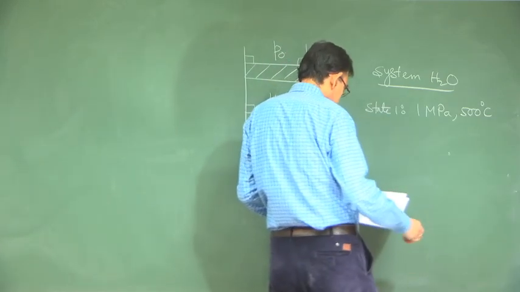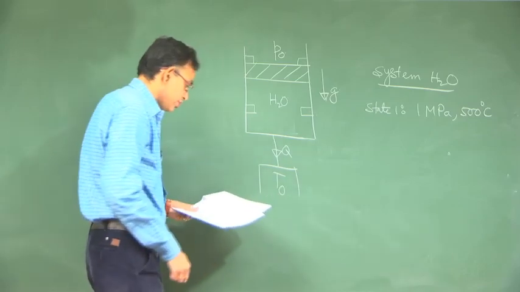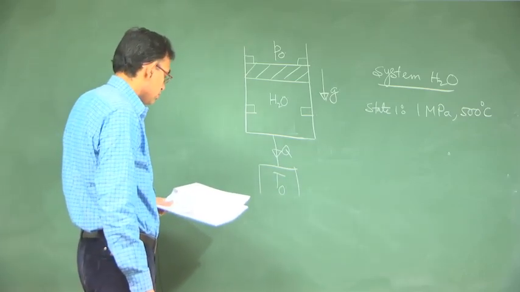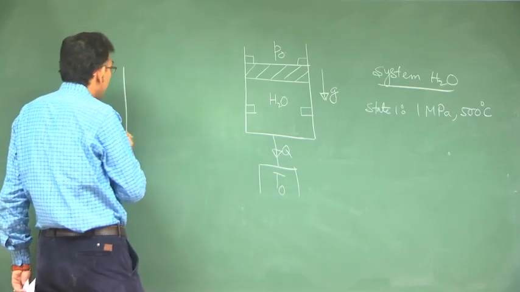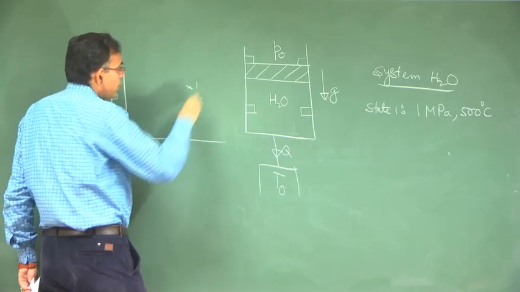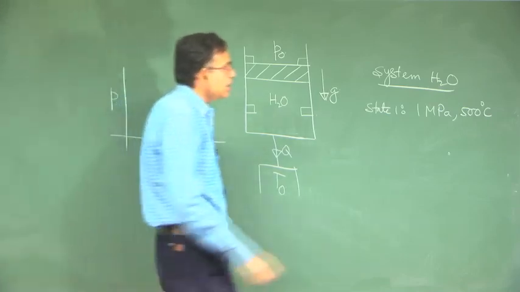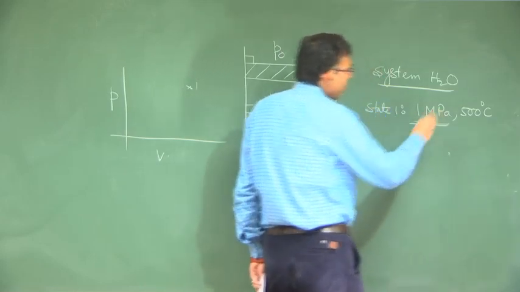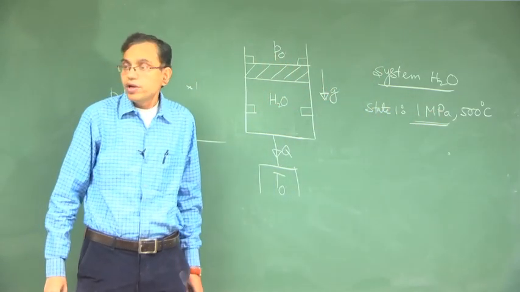So, it says that the setup cools to 100 degree centigrade. So, let us try to draw a PV diagram. It starts with state 1. At state 1 the pressure is 1 megapascal, but it starts moving. When does it start moving?